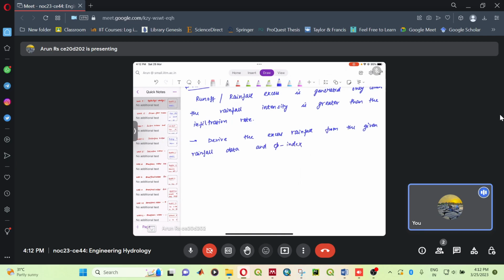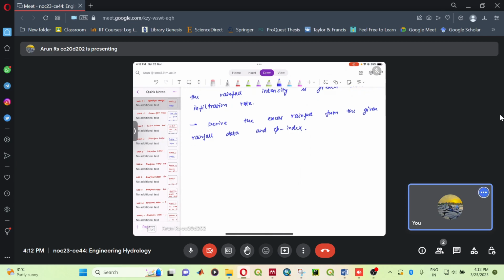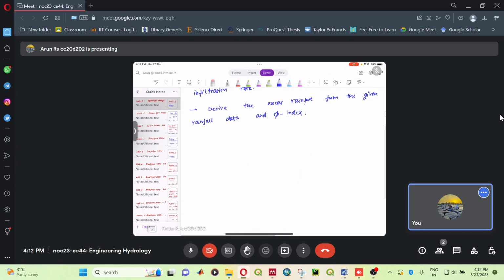So once we get the excess rainfall for each duration, we can then multiply the excess rainfall with the unit hydrograph coordinate to get the corresponding direct runoff hydrograph coordinate. So I'm going to write down the table that is given in the question.